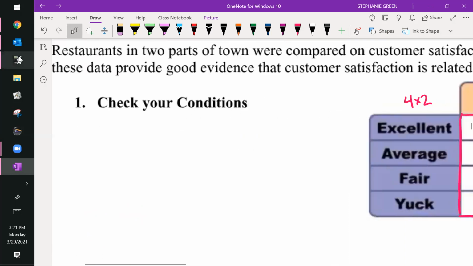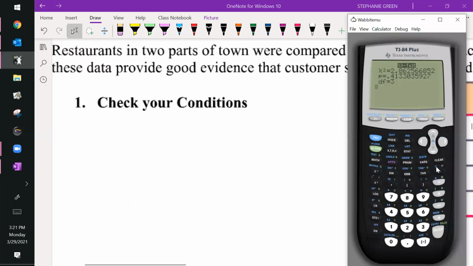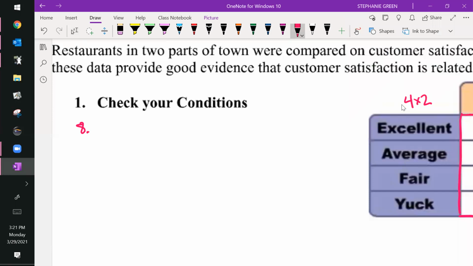Now that we've done a chi-square test in our calculator, we can see our expected values by just going to matrix P. There they are. I'm just going to scroll over to see them, and round them to the nearest tenth. So in my first column: 8.2, 13.9, 9.2, 6.7.